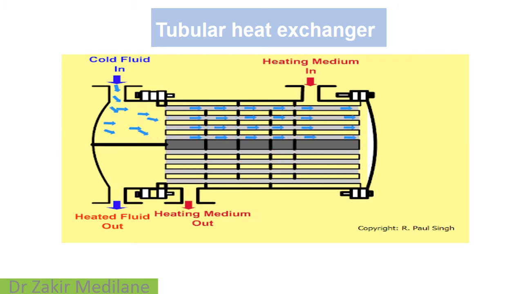You can see the arrow marks here. The blue arrow indicates that the cold fluid enters from one end and comes out at the other end, but in between, the heating medium, the hot surface, is applied.